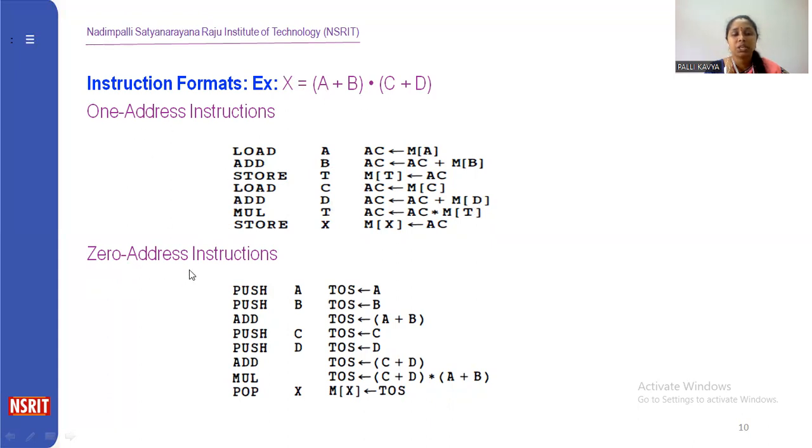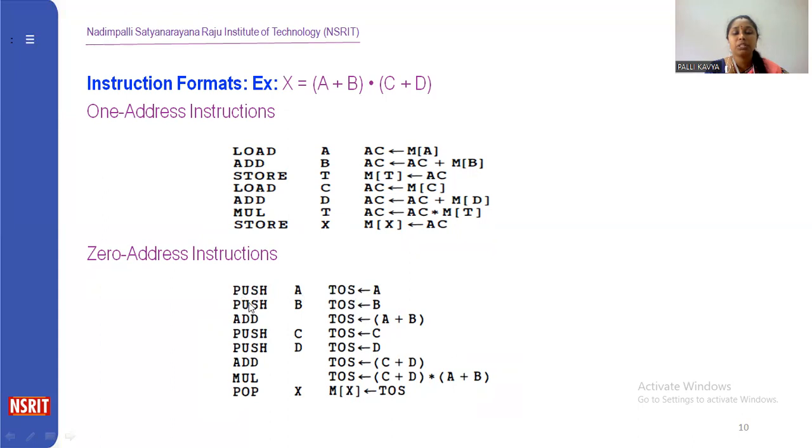Then the zero address instruction. Here we cannot use addresses, because every retrieval and deletion is done using the top of the stack, so we are not giving any address in the instruction. Push A means the content stored in A is placed on top of the stack.